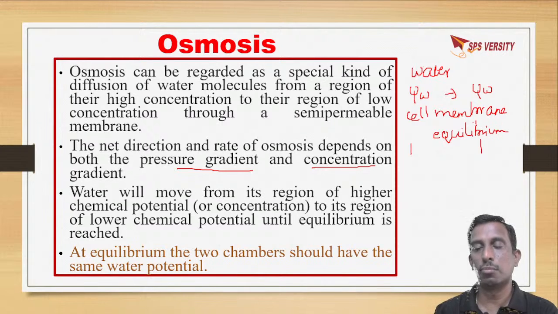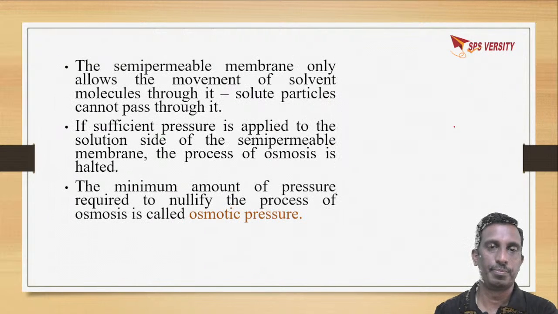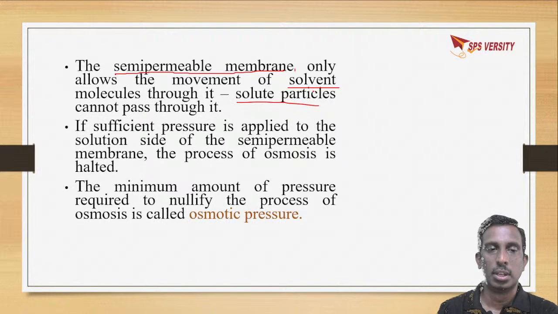So the net movement of water is 0. So osmosis takes place through semi-permeable membrane, and it only allows solvent molecules, no solute particles. और ये osmosis takes place from high water potential to low water potential through semi-permeable membrane.